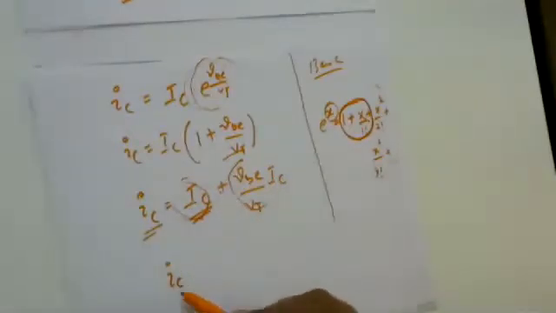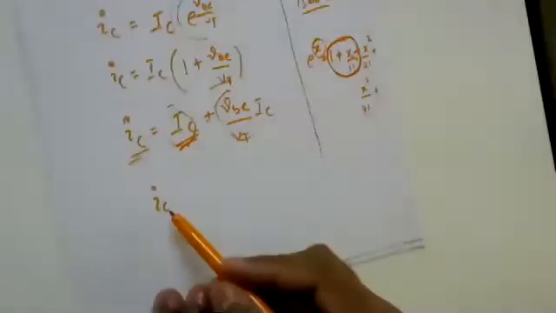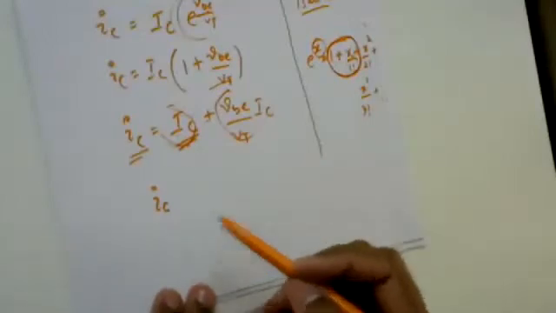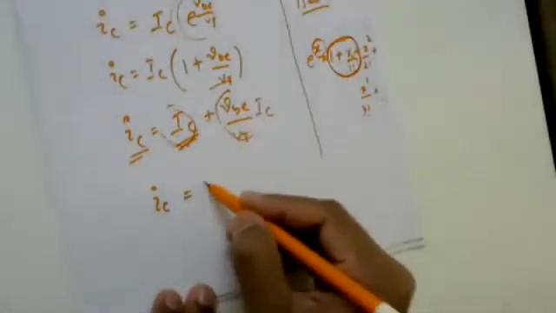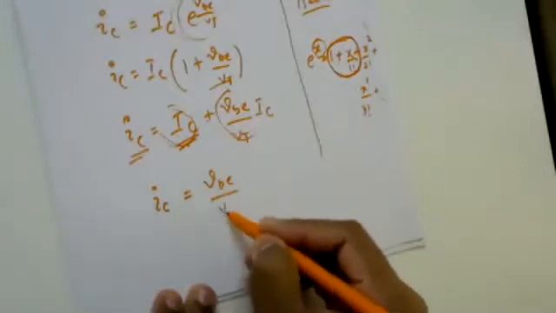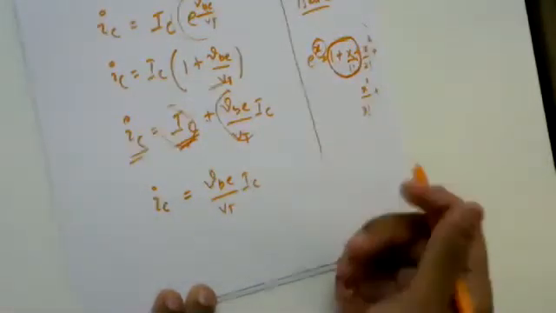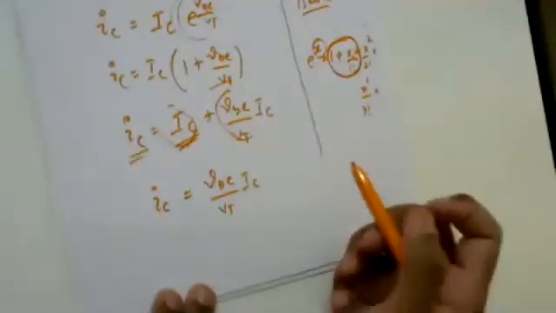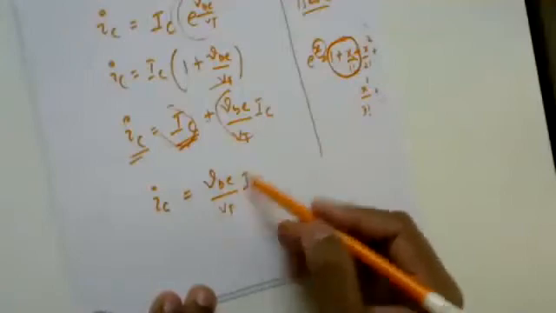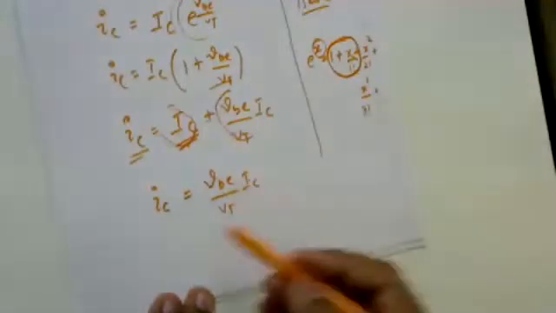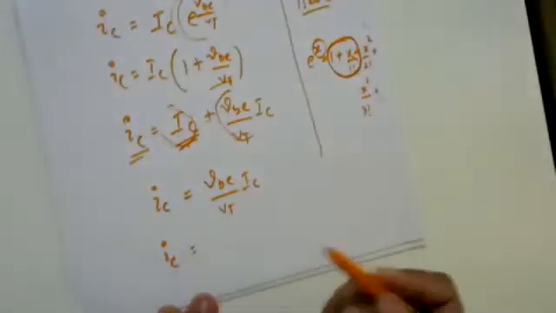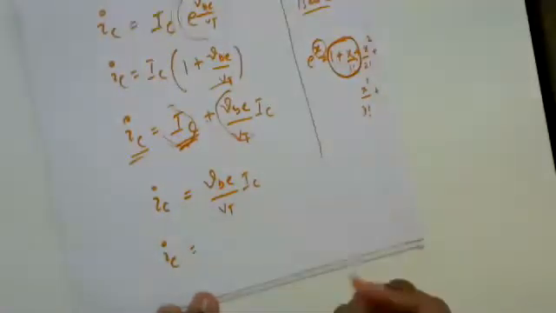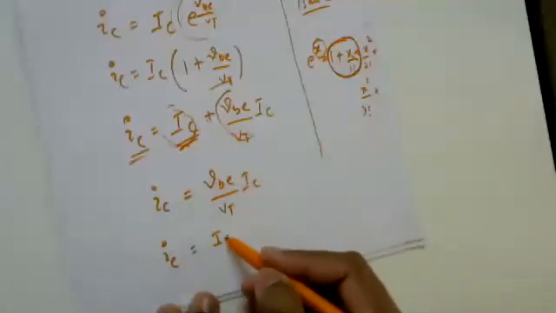But if I want an equation for a pure AC component, then I can write IC equals this term, VBE divided by VT into IC. Now I'll write this expression as small ic equals, I just rearrange the term, IC by VT.